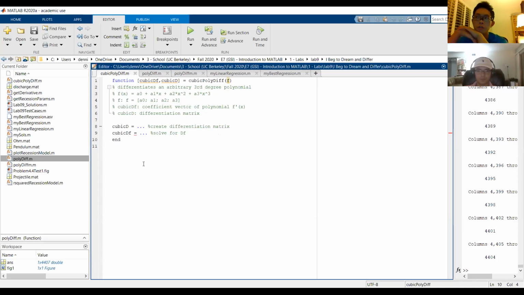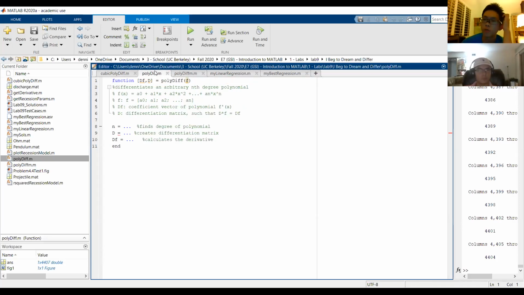So there's two problems that are in Lab 9. There's one that has you differentiate a cubic, like x to the power of 3 plus x to the power of 2 plus x to the power of 1 plus 1. There's one that asks you to do something of any order, not just a cubic, any amount.